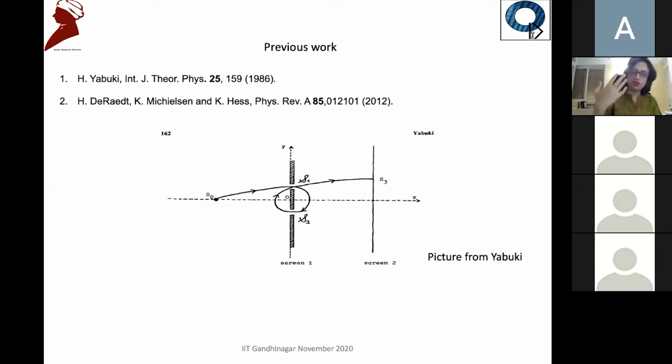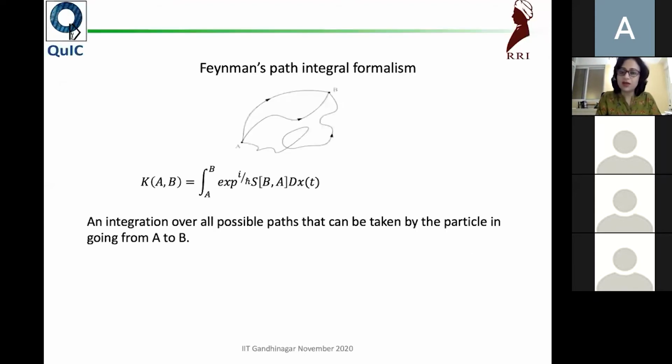For people like us who always want to test things experimentally, that is not going to lead anywhere, because of the incomplete calculations and no experimental parameter coming out of it. So what we went on to do is use Feynman's path integral formalism and show how we can come up with a quantity which can be measured in the lab, which will show the presence of this correction term.